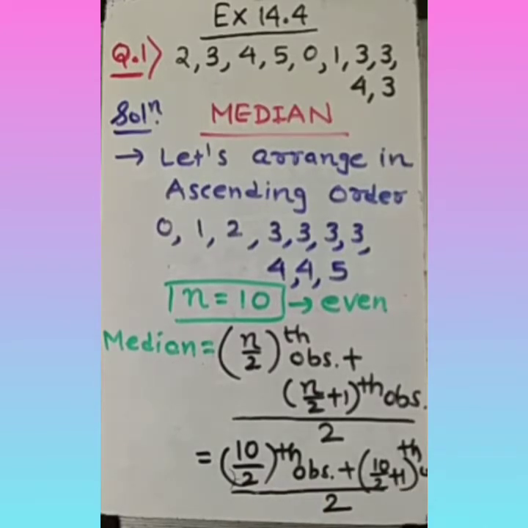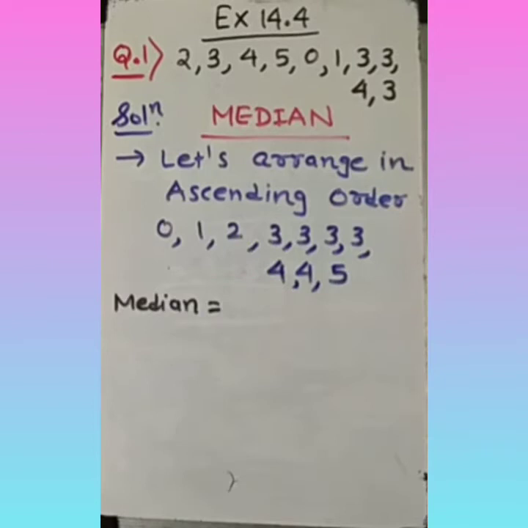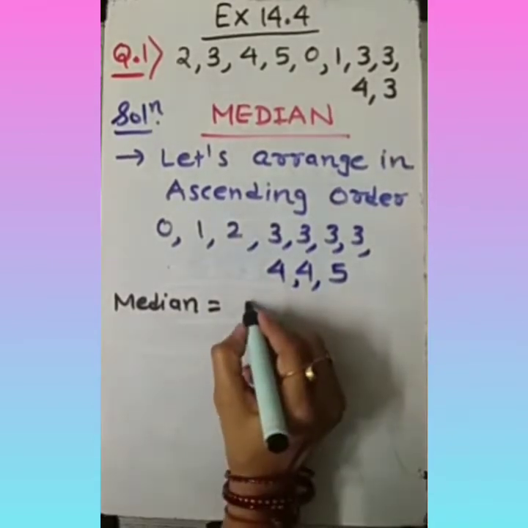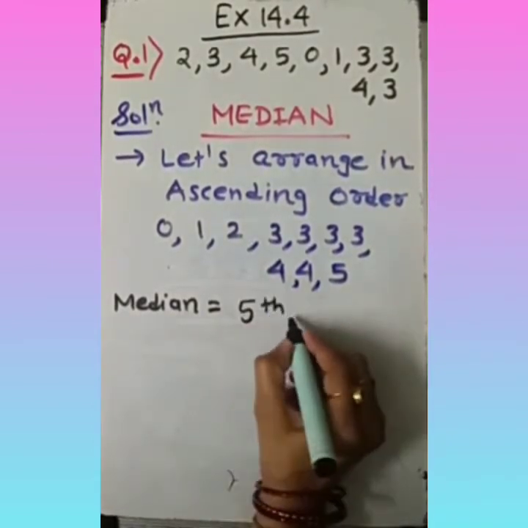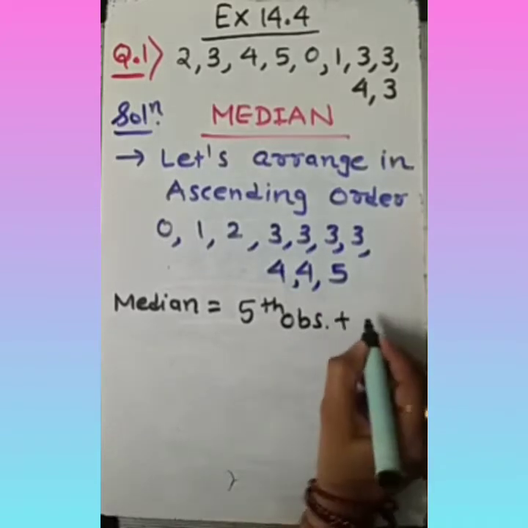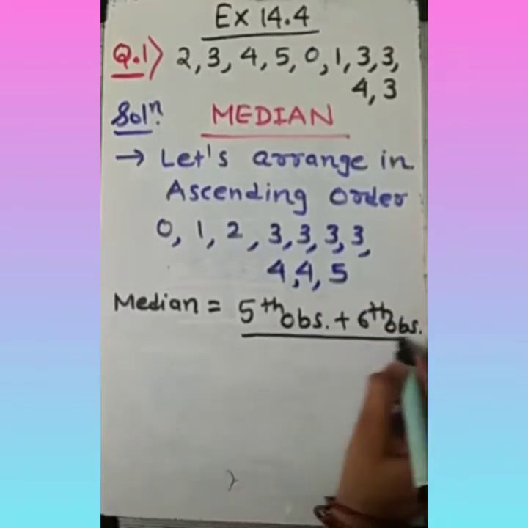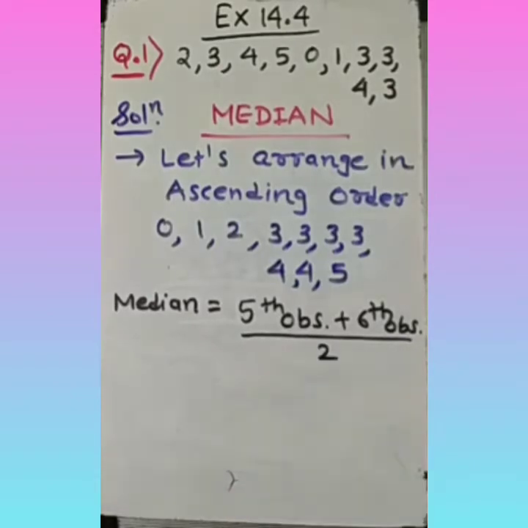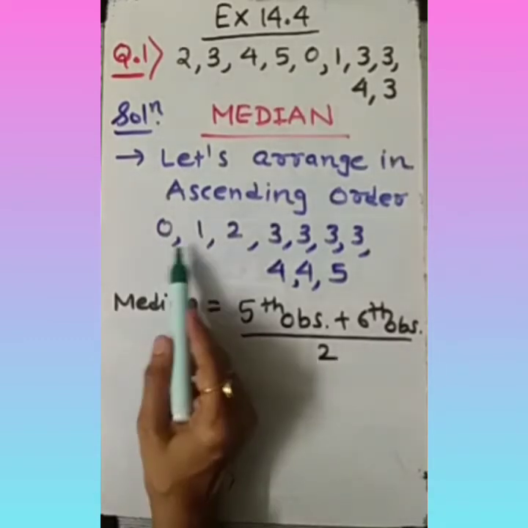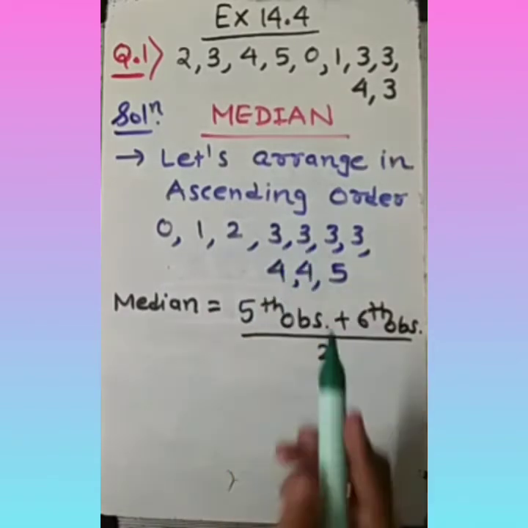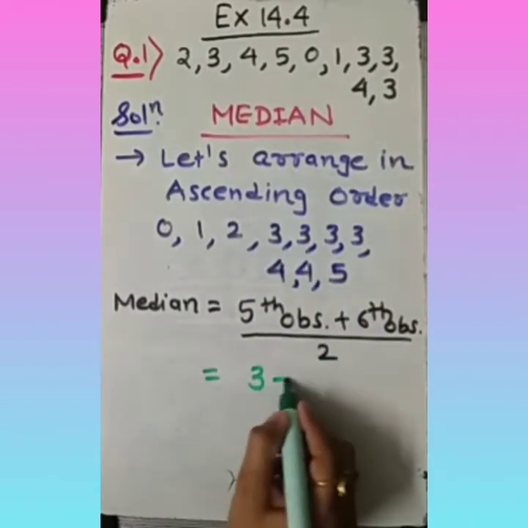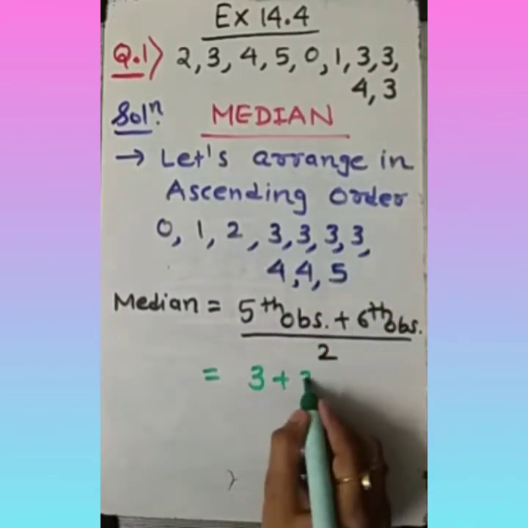Let's see. Median is equal to, here it will be 10 by 2, meaning the fifth observation, plus next is the sixth observation. You can write terms also, or the word observation somewhere. No matter, observation or term, same thing. Now after arranging this, 1, 2, 3, 4, 5, the fifth observation is 3, the sixth observation is also 3, my dear student.